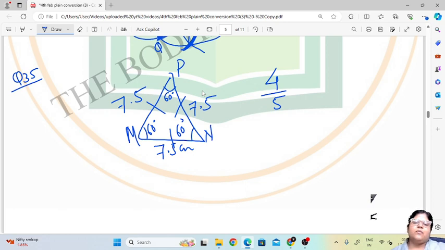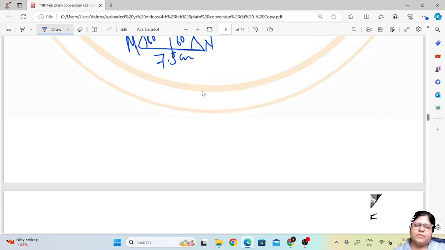The new triangle will be inside the previous triangle. So first, what are the steps? Let us do that. First we will draw MN of 7.5.